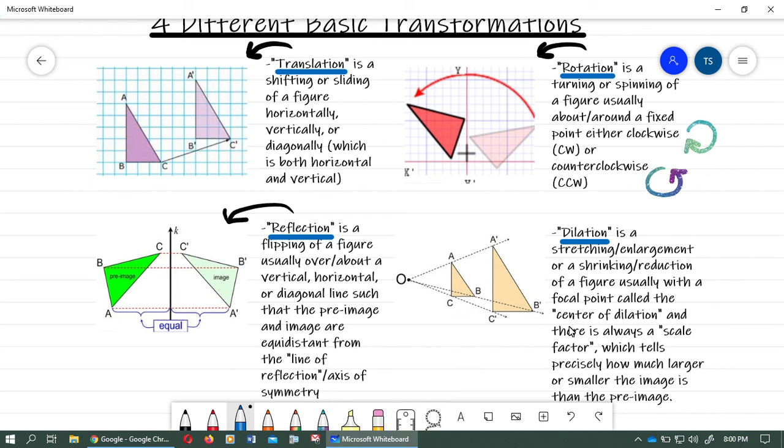When you do that, guys, the source of the light, that flashlight, is that center of dilation. So if you're looking at the image there, imagine that point O is the source of the light, that flashlight. And imagine that small triangle is your fingers, and you're making a shadow puppet up against the wall.